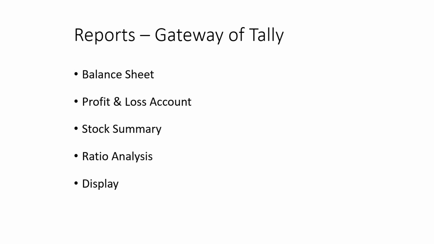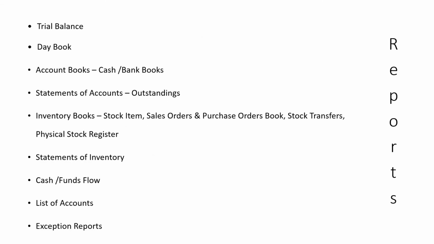Once we click on display, again we have the list of options: trial balance, day book, account books, cash and bank books, statements of accounts, outstandings. In outstandings we can see accounts receivable and accounts payable, inventory books.